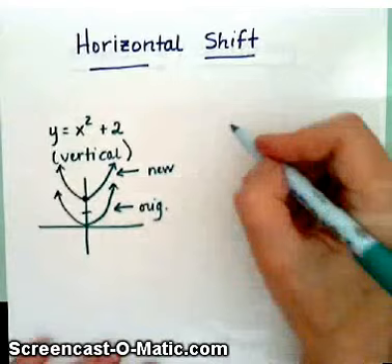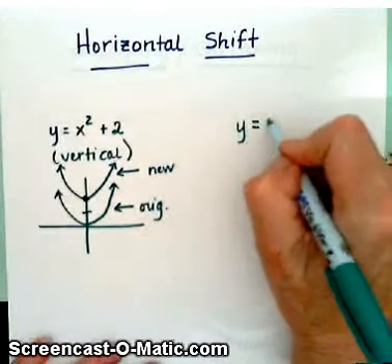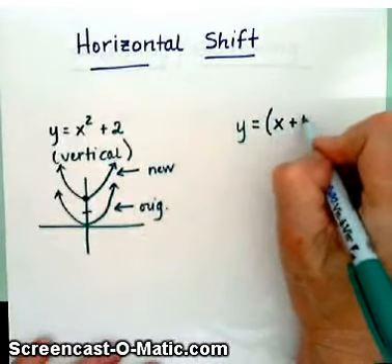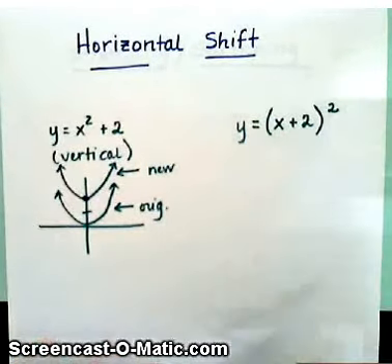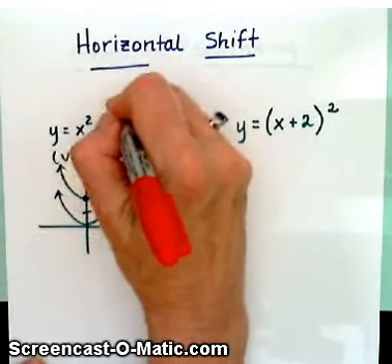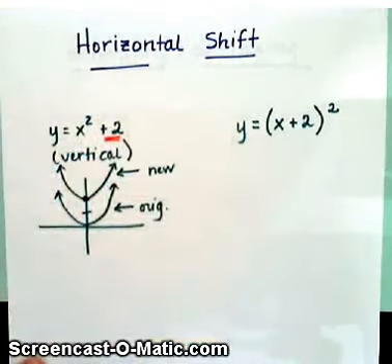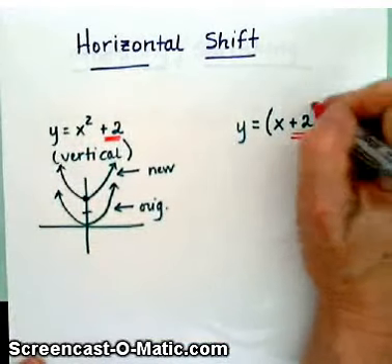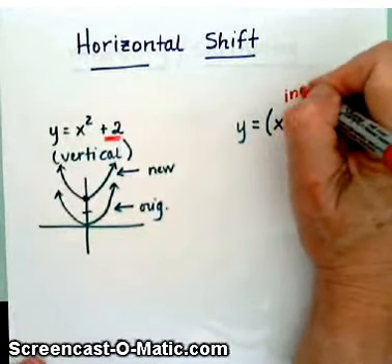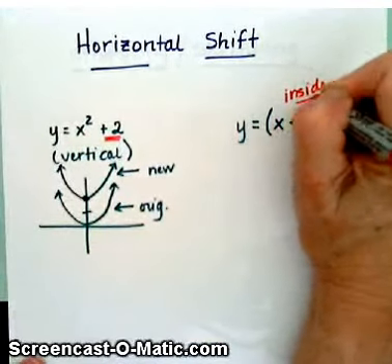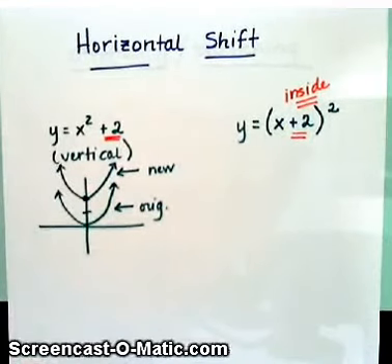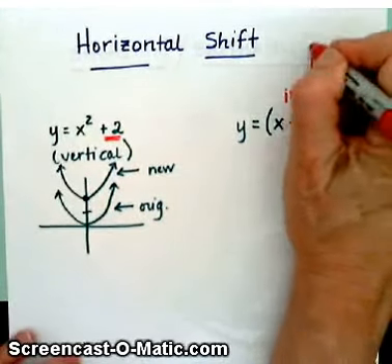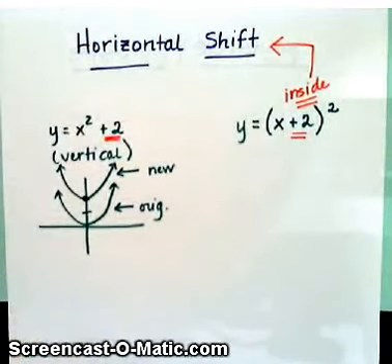This is ugly, but you just have to look at it. This is the original, and this is the shifted graph, the new graph. All right, now I'm going to put on this side of the paper y equals x plus 2 squared. And I want to show you the difference. You see how the 2 before was outside the function, and this plus 2 is inside the parentheses? Well, when you have a number added or subtracted inside the parentheses, it produces a horizontal shift.